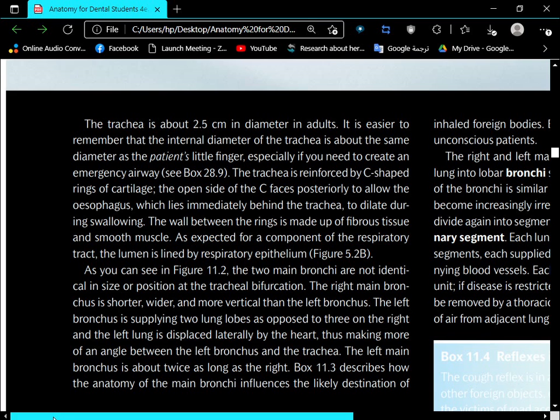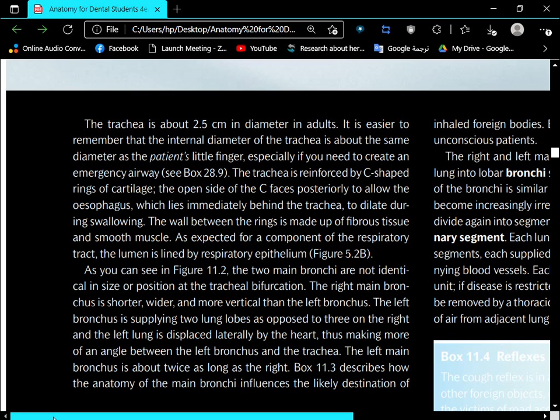The left bronchus is supplying 2 lobes as opposed to 3 on the right, and the left lung is displaced laterally by the heart, thus making more of an angle between the left bronchus and the trachea. The left main bronchus is about twice as long as the right.